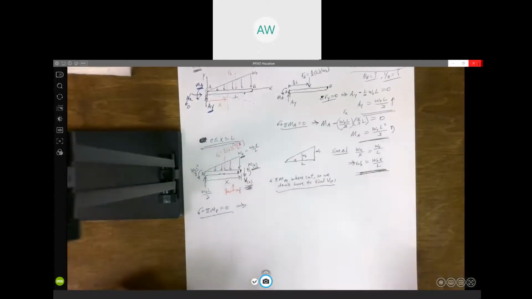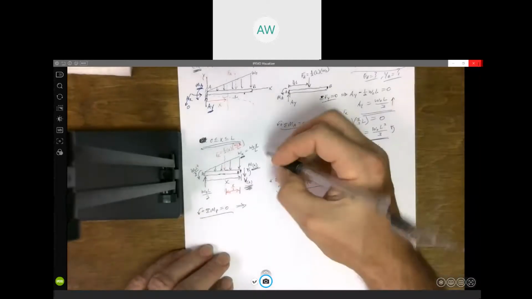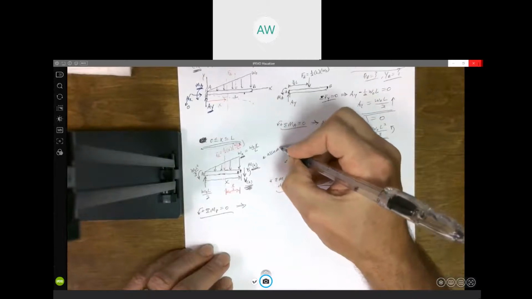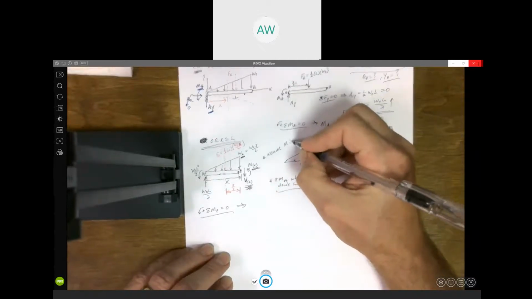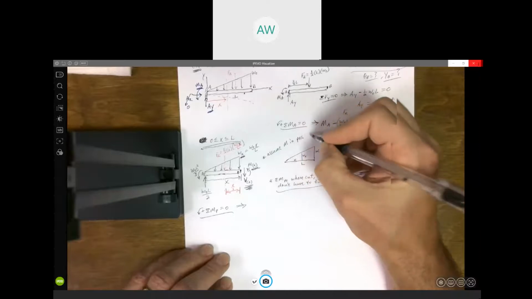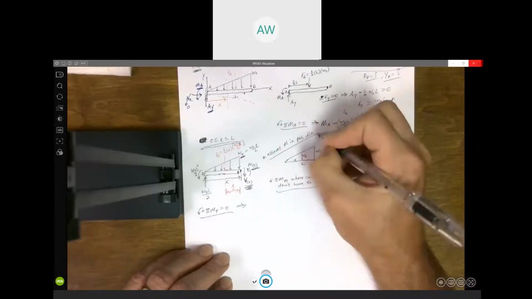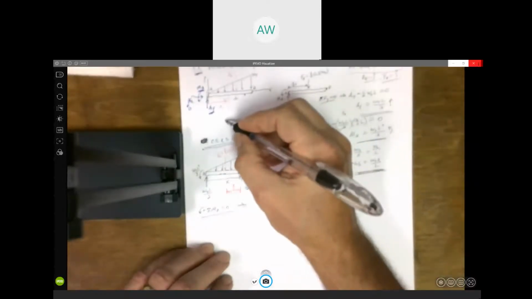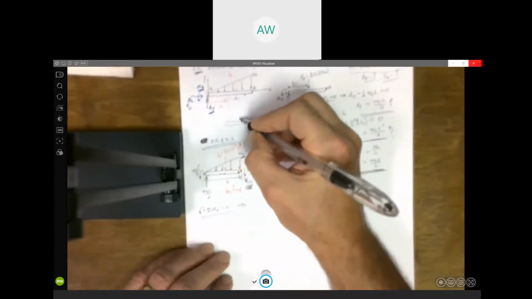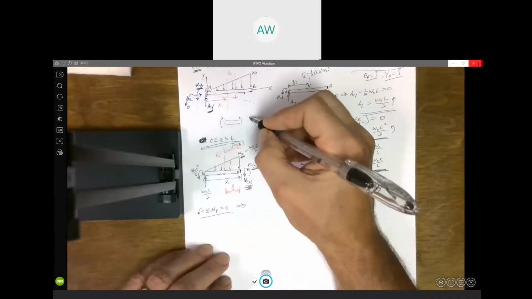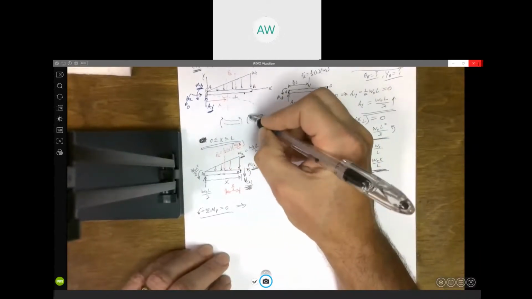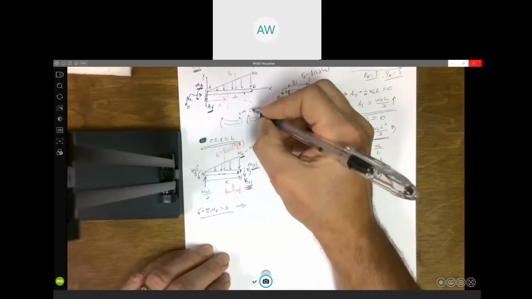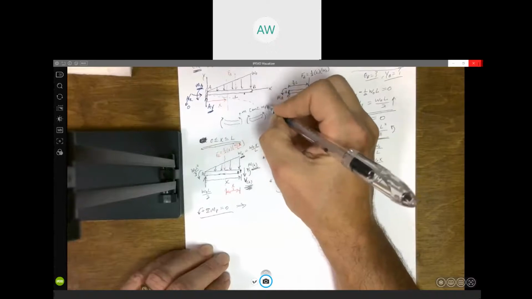One other thing, I don't think I mentioned this, but it's important here: always assume M is in the positive direction. Remember we said a positive moment is a moment in this direction, right? A positive moment makes it concave up.